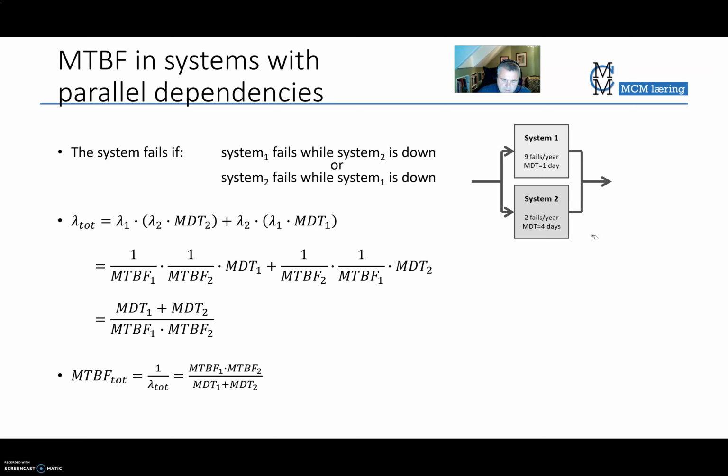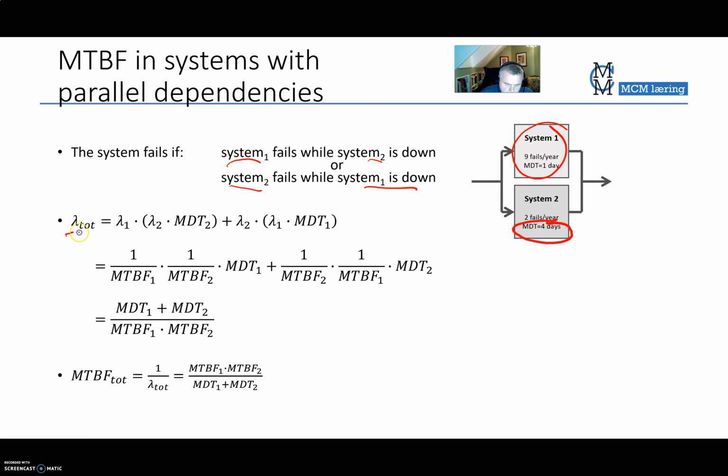Well, this system as a whole has 2 possible ways to fail. Either system 1 is already down while system 2 fails, or system 2 is already down when system 1 fails. For the first case, if system 2 is down, it takes 4 days, right? You have 4 days, and during those 4 days, the first system must fail. So, system 1 fails while system 2 is down, or system 2 fails while system 1 is down.